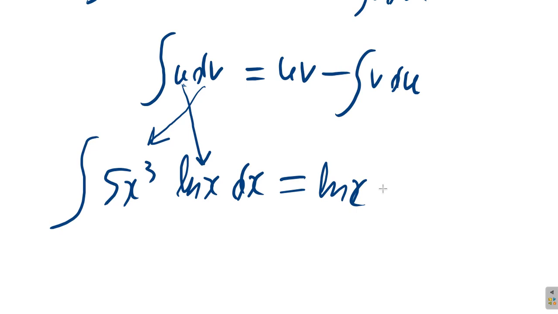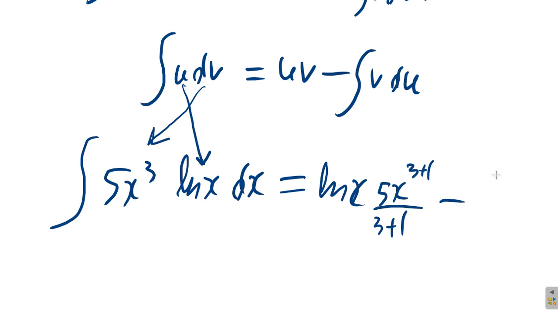So when you integrate 5x cubed, it's going to be 5x to the 3 plus 1 new power over 3 plus 1 new power, alright?